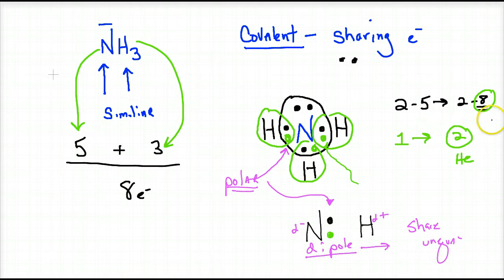Now let's do one more, and I'm going to go a little faster as we do this. Let's do the bonding in water, H2O. So if I have H2O, I have oxygen, hydrogen. We know hydrogen has one valence.